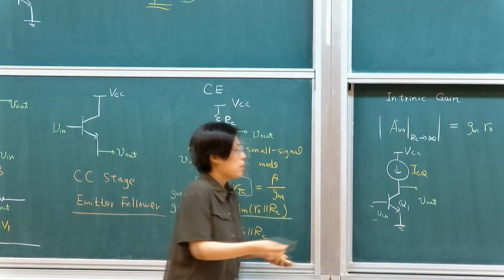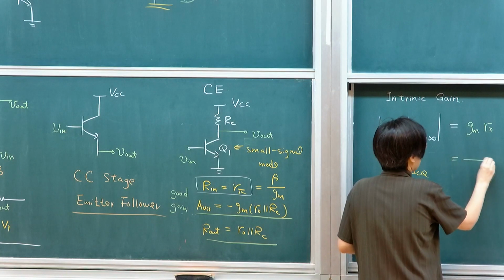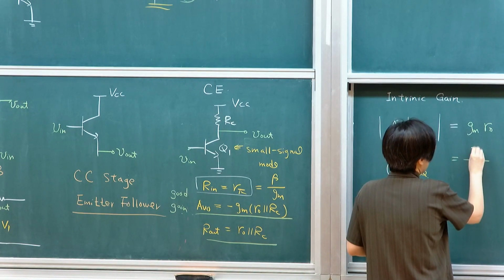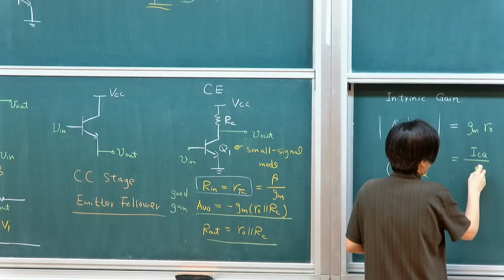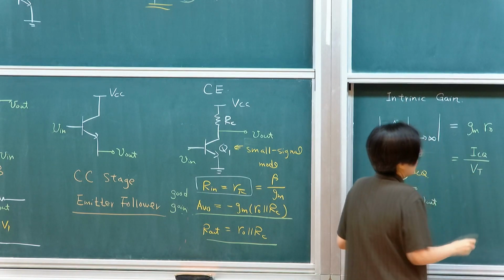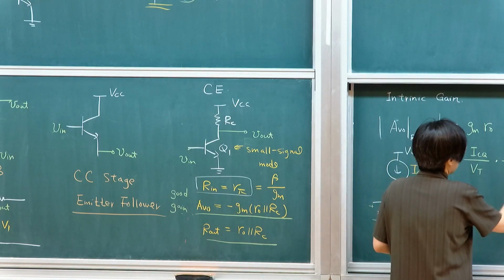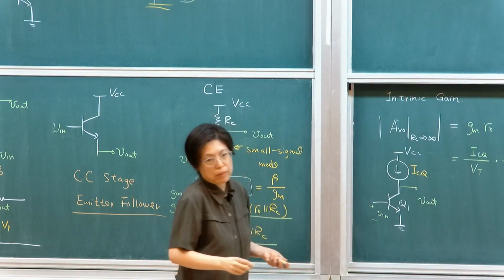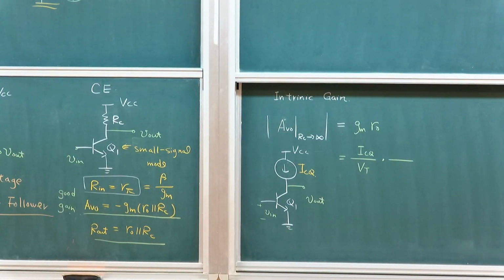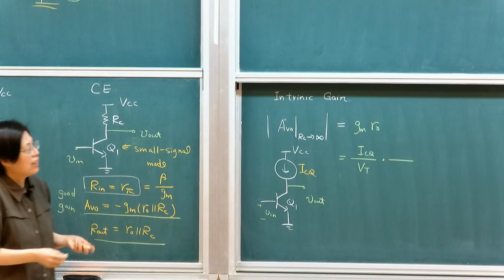So we already know what GM is, right? GM is ICQ over VT. And what is RO? Anyone remember on your cheat sheet? You want to put that down on your cheat sheet, otherwise, what is it?